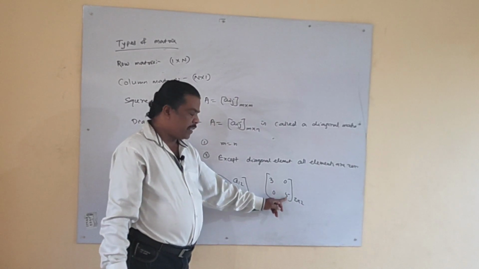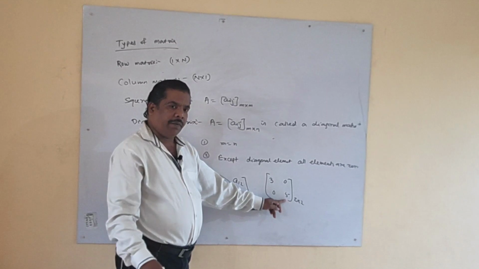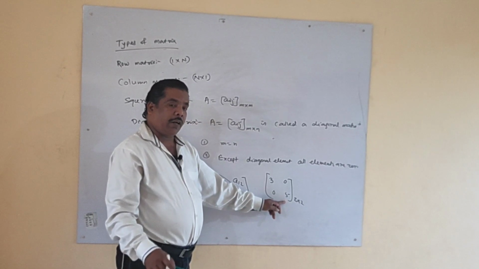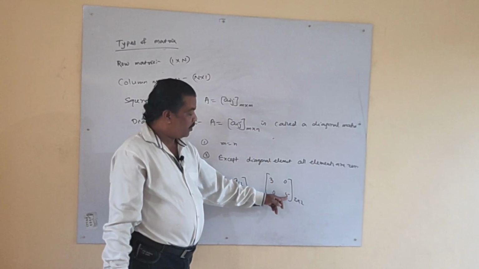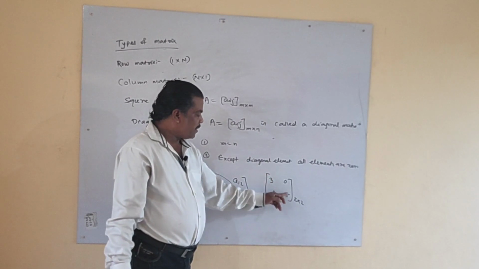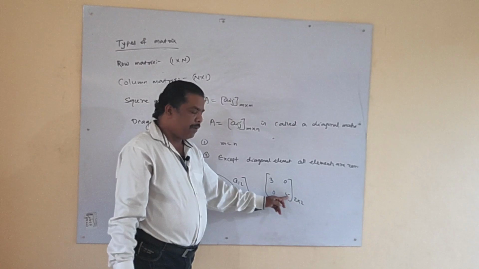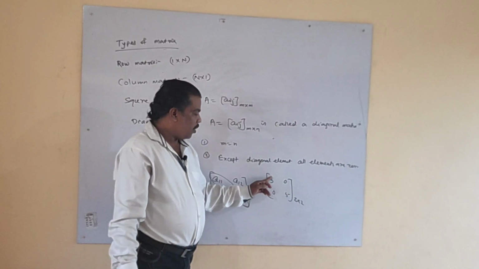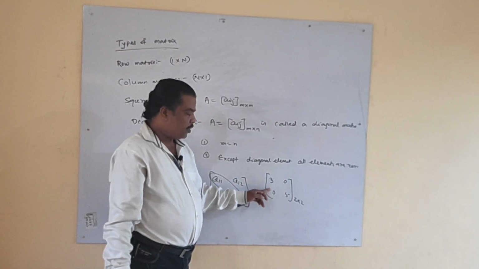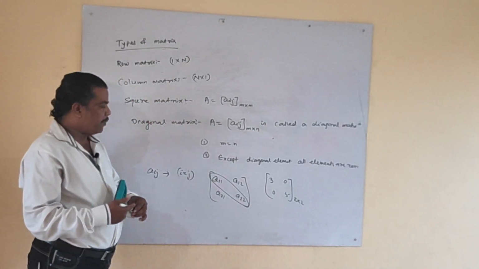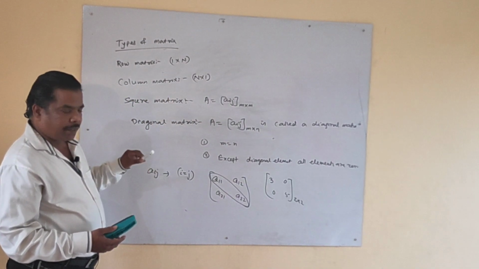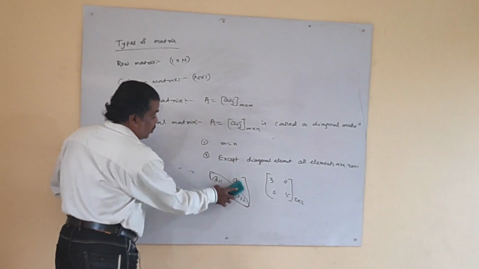The other is present in the second row, second column. When the number of rows and number of columns of the element's position are equal, those elements are called diagonal elements. So the diagonal elements are not 0, the non-diagonal elements are 0, so it is called a diagonal matrix. A matrix is called a diagonal matrix if, except the diagonal elements, all entries are 0.